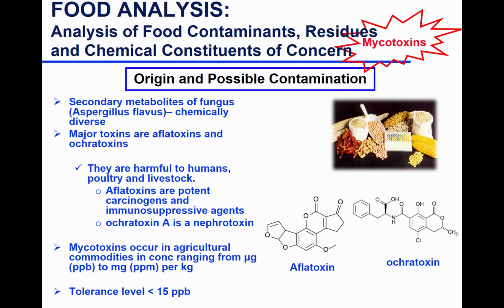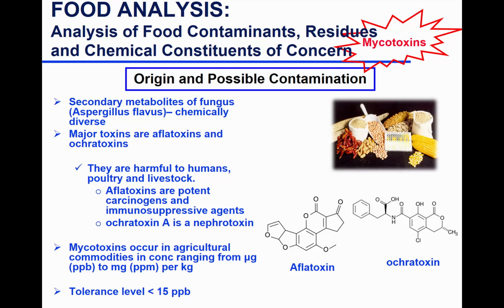Mycotoxins are metabolites of fungus. There can be many different classes of mycotoxins, and the major toxins are aflatoxins and ochratoxins. They are harmful to humans, poultry, and livestock, and they're potent carcinogens. They are present in very low concentrations if they are present, and they have very low tolerance levels.